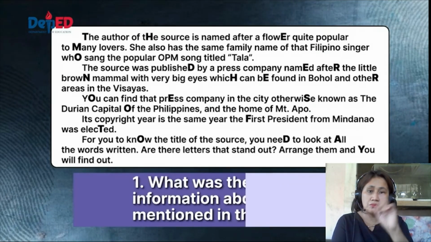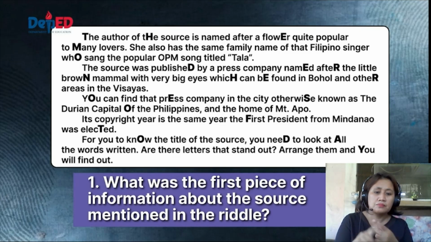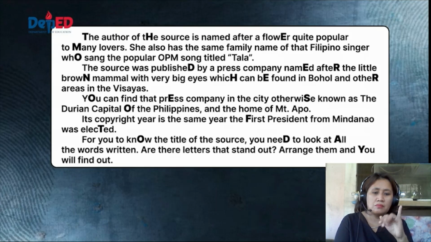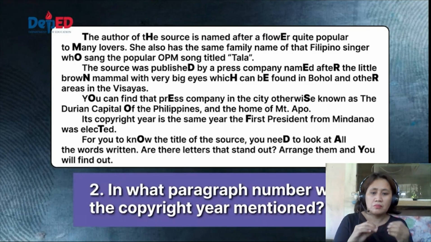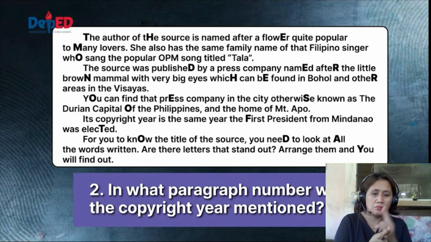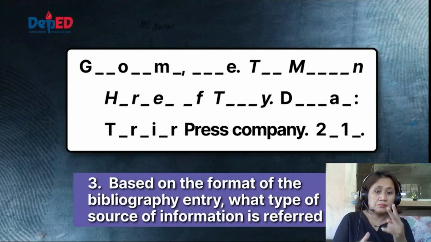Question number 1. What was the first piece of information about the source mentioned in the riddle? Question number 2. In what paragraph number was the copyright year mentioned? Question number 3. Based on the format of the bibliography entry, what type of information source is referred to?